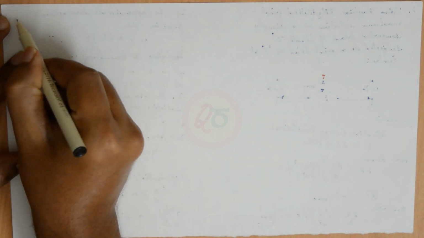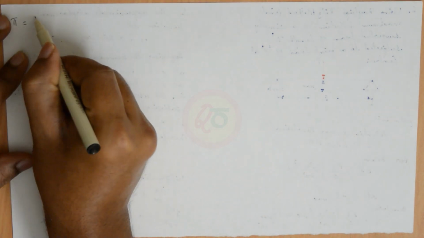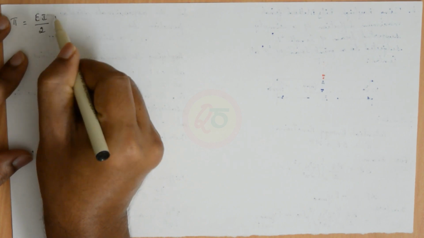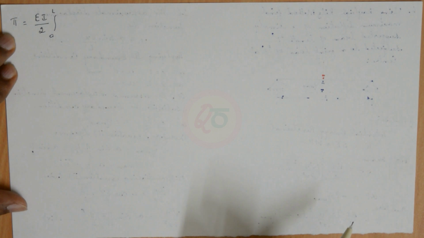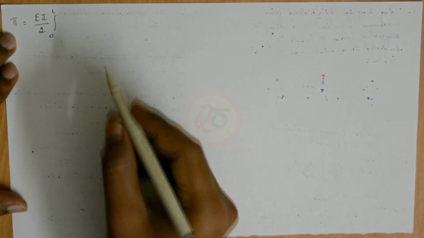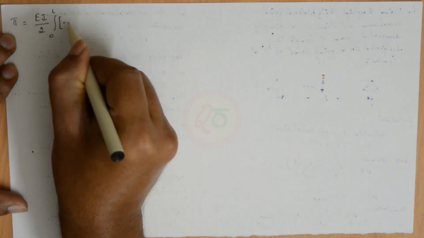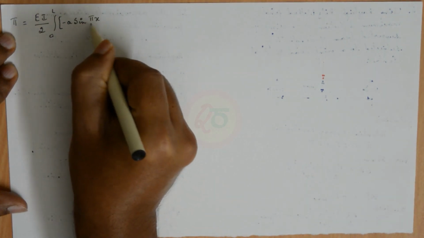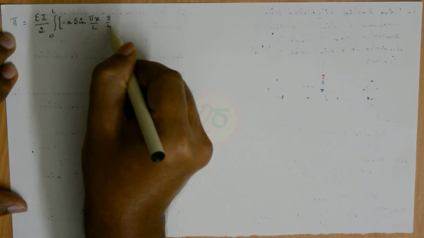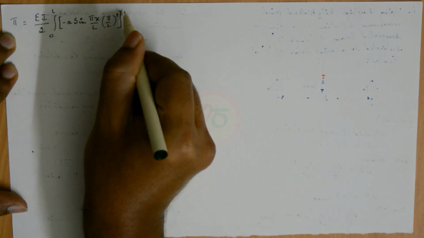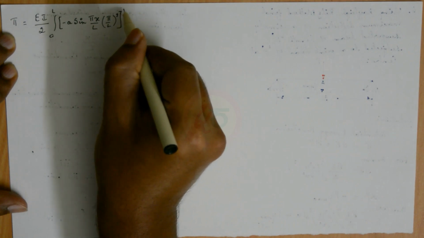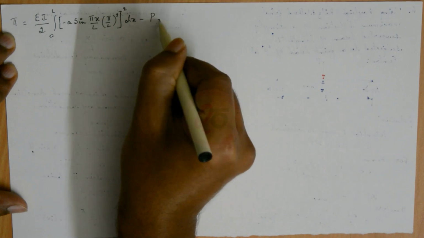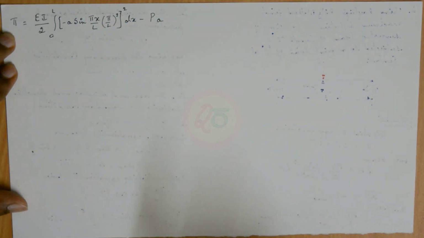Now substituting equation 4 and equation 3 in equation 1, which is the potential energy functional equation, we obtain pi as EI by 2 integral 0 to L of minus a sine pi x by L into pi by L whole square, the entire term squared, dx minus P into a.